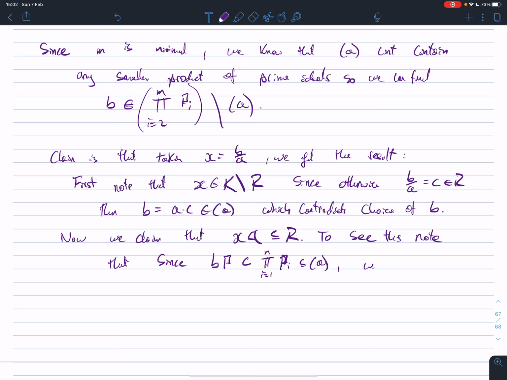So since we have this, we have x times p is contained in R. Why is this the case? Well, x is b over a, and I know that b times p is contained in the ideal A. So every element in b times p looks like some element a times some other element of my ring. So I can divide every element in here by a. That's what x looks like.